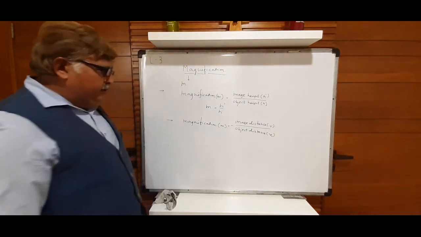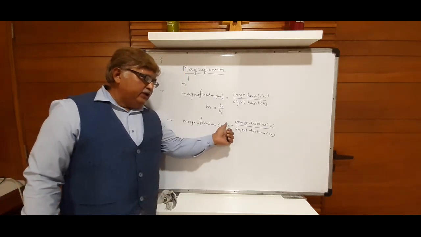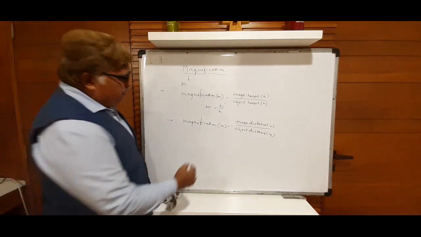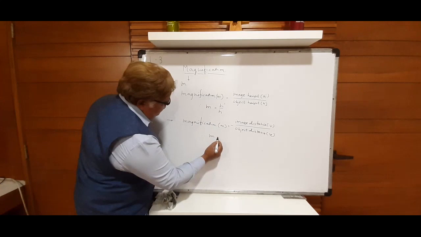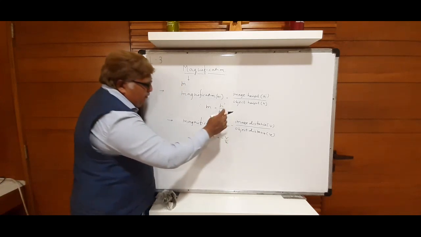When you write the definition, you should write this way: magnification is the negative ratio of image distance to the object distance. Just to make it more clear, m equal to, what should I write? Minus v upon u.